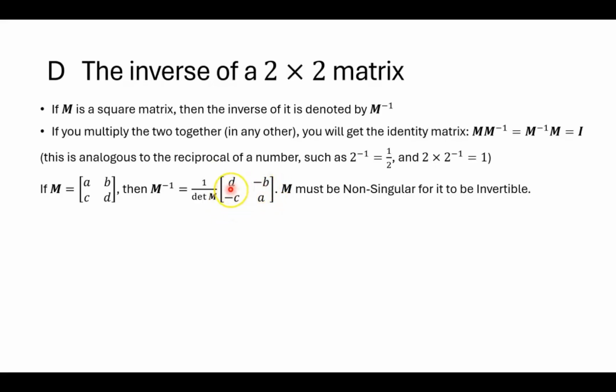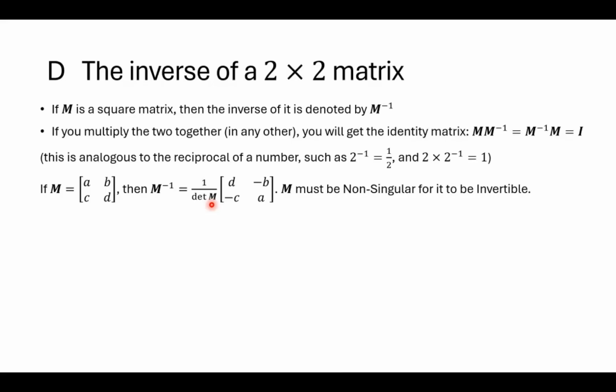So A and D swap places, and B and C become minus B and minus C. But M must be non-singular for it to be invertible. Because if you remember, singular means that the determinant is 0, and obviously you can't divide by 0, so it has to be non-singular.